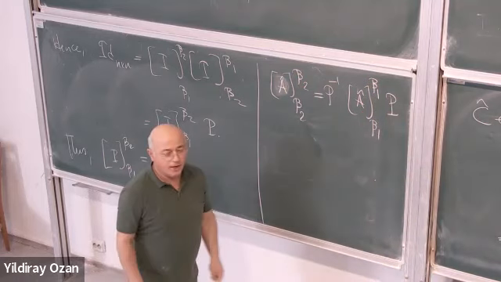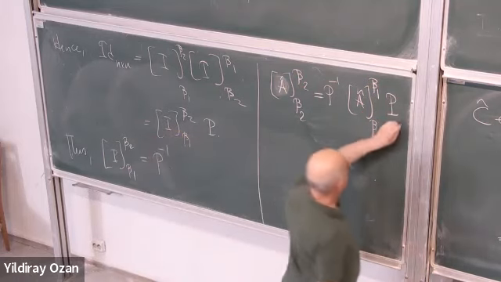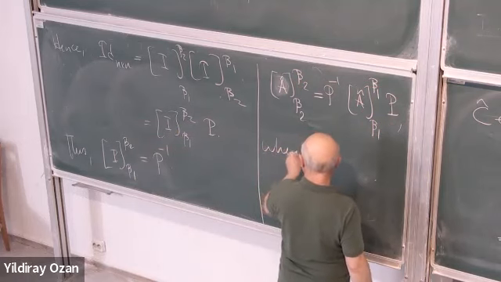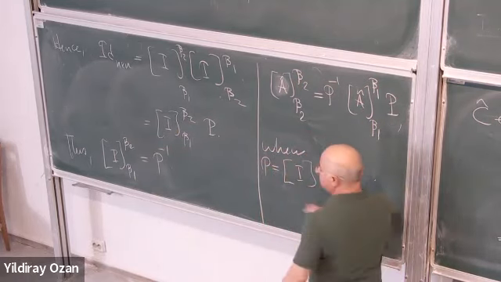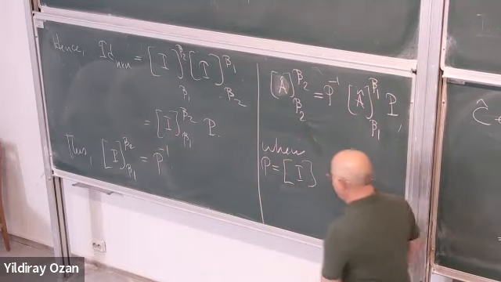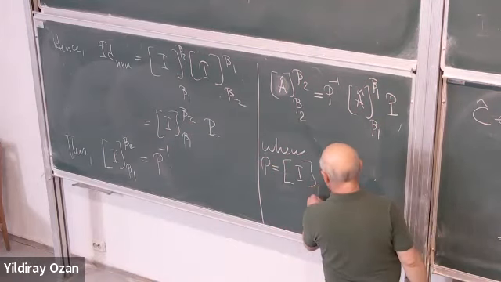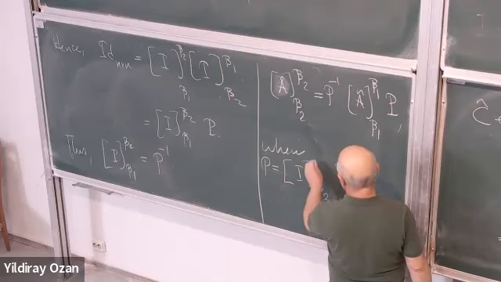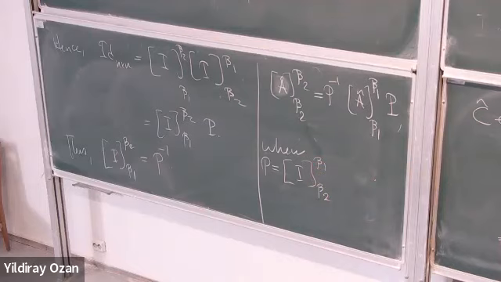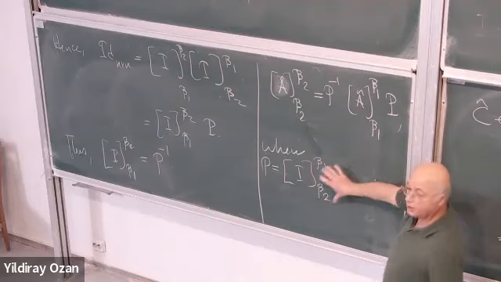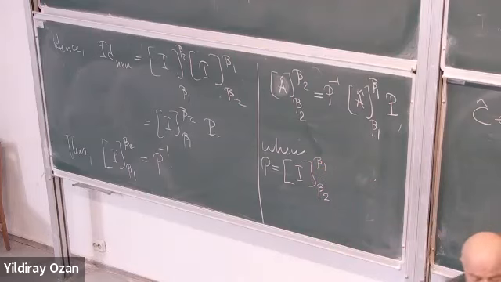Okay? Where this is the matrix representation of the identity map from beta 2 to beta 1. Okay. This is a very useful formula which we will make use of a lot.